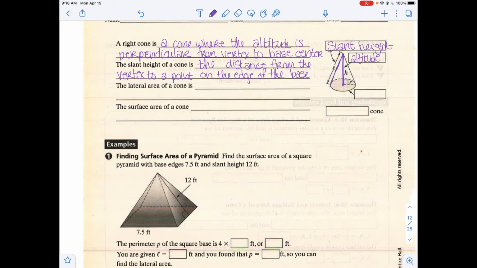And that's the difference between the two. Okay, so then let's talk about the lateral area of a cone. The lateral area of a cone is 1/2 the circumference of the base times the slant height.